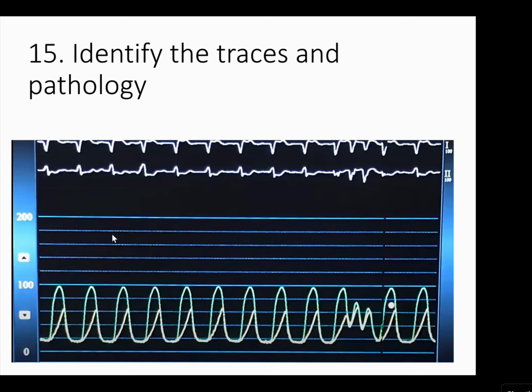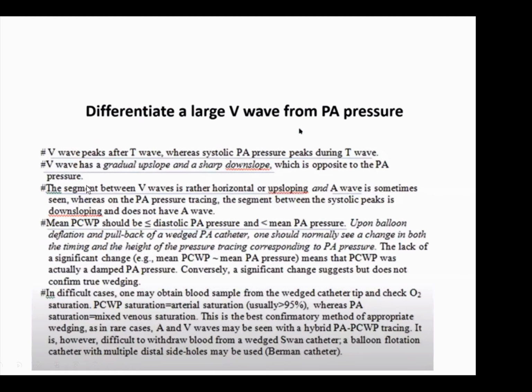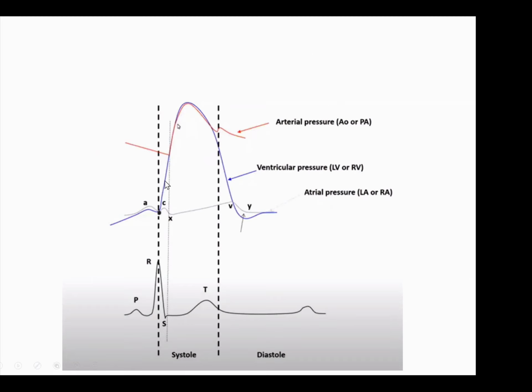Second thing, why is it not aorta? I've already told you in this figure. Both LV and aorta will peak at the same time, whereas atrial pressure will peak just at the end of systole.